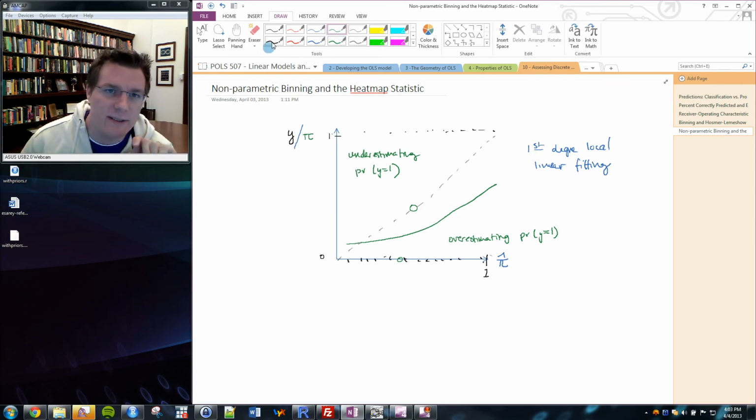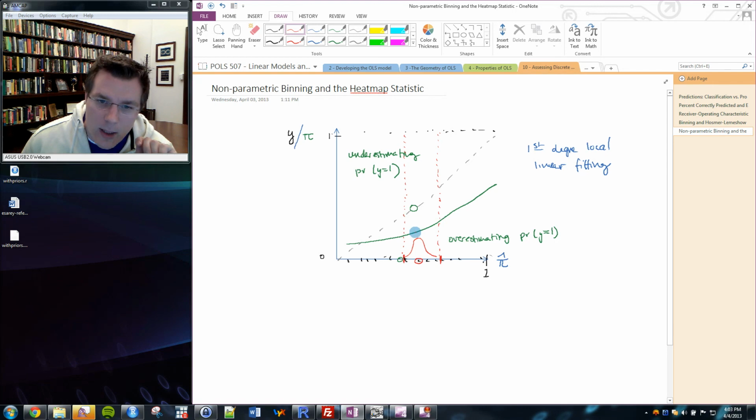What this is equivalent to doing in some ways is, instead of putting all these observations into a bin, for every observation we construct a bin that's a locally weighted average of all the observations inside of this window, where the weight is given by the normal or something.